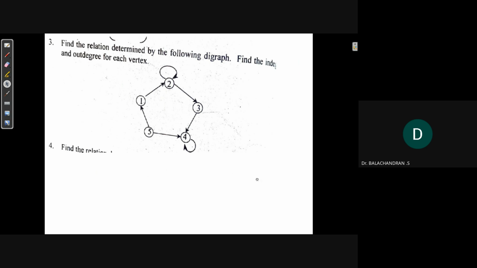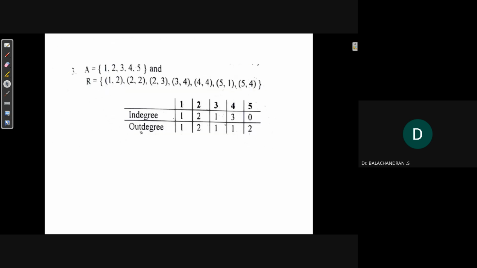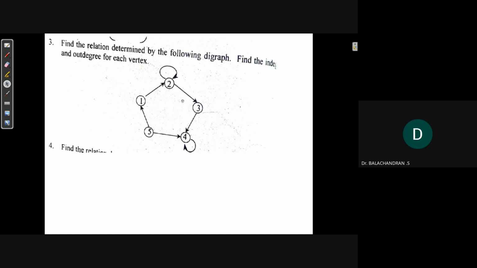Next problem: find the relation determined by the following digraph. A directed graph is given. You should write the relation from this, and also find the in degree and out degree. The relation you should write. First you should write the set, 1 2 3 4 5.